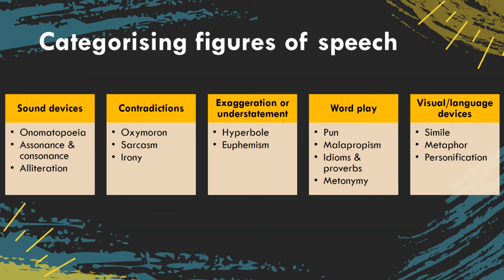Categorizing figures of speech. Figures of speech can be categorized loosely into the following 5 categories: sound devices, contradictions, exaggeration or understatement, wordplay, or visual and language devices. Let's explore these a little more in detail.